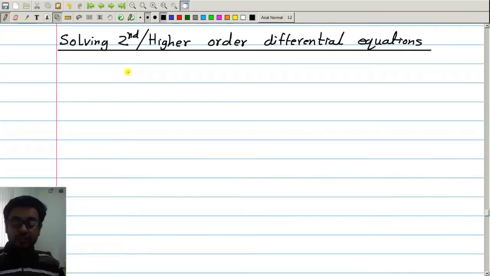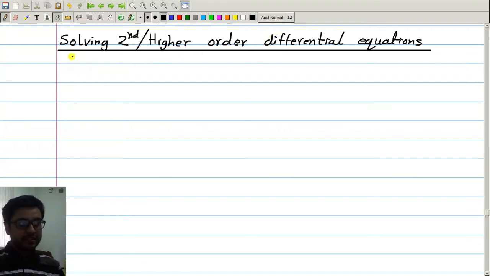Okay, after solving first order differential equations, it is our time to look into second and higher order differential equations.